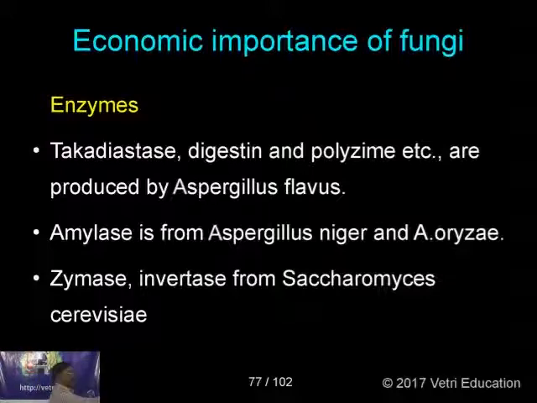Amylase is from Aspergillus niger and Aspergillus oryzae. Zymase and invertase are from Saccharomyces cerevisiae. That is the botanical name of yeast. The botanical name of yeast is Saccharomyces cerevisiae. I think you are following.